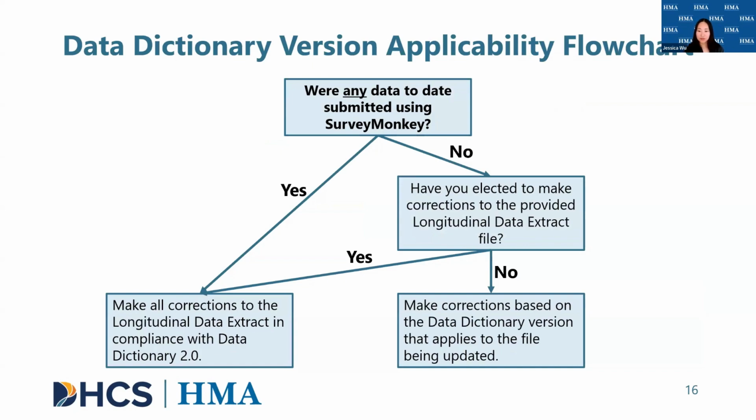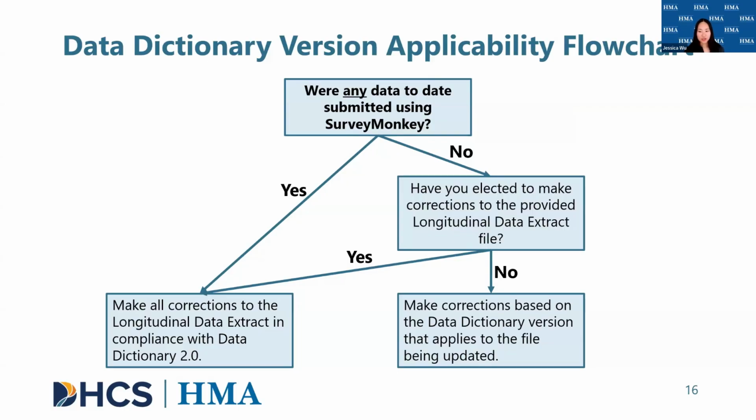We basically created this flow chart here to clarify which data dictionary version counties should use when making corrections. And it's really important to follow these guidelines because the two versions have several differences, as you all know, like value codes and question types.